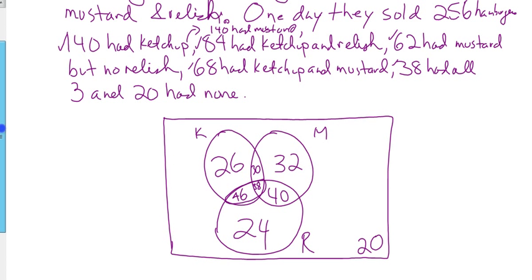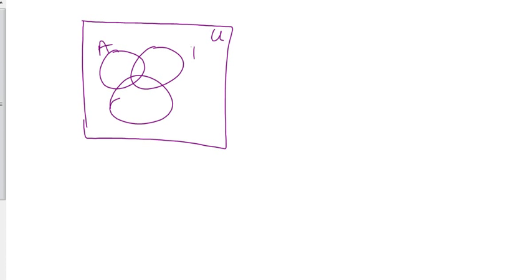Oh yeah, one more thing. We've done enough of those. Let's say we have this, and we have A, B, C, and I want you to shade the following.